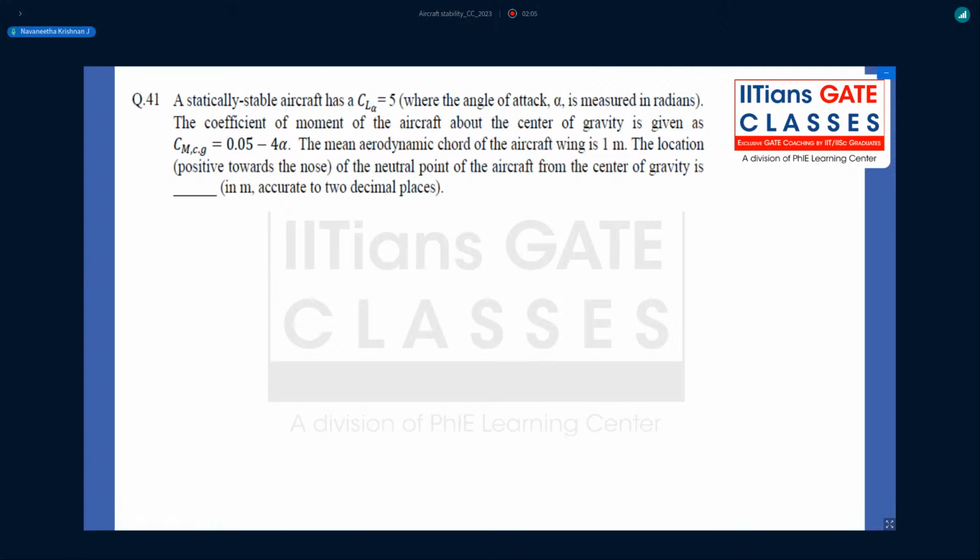The mean aerodynamic chord of the wing is 1 meter. The location, positive towards the nose, of the neutral point of the aircraft from the center of gravity is dash meter. They want the location of the neutral point from the center of gravity location.